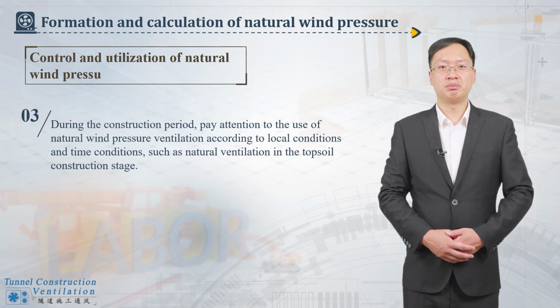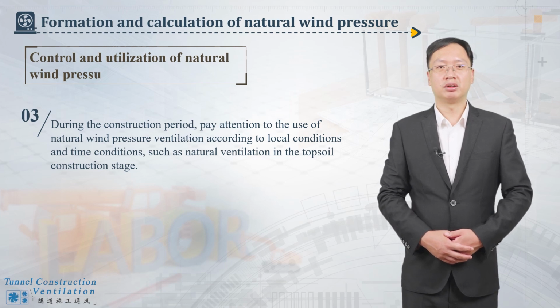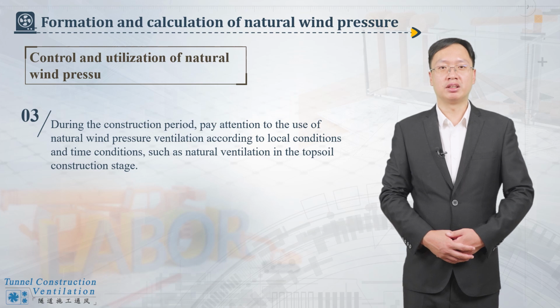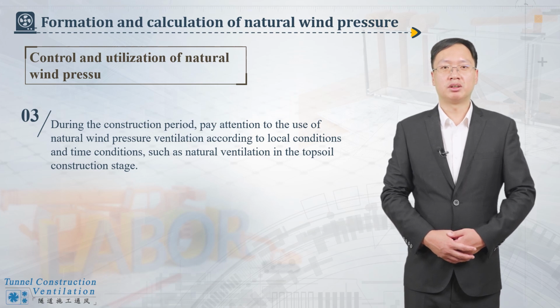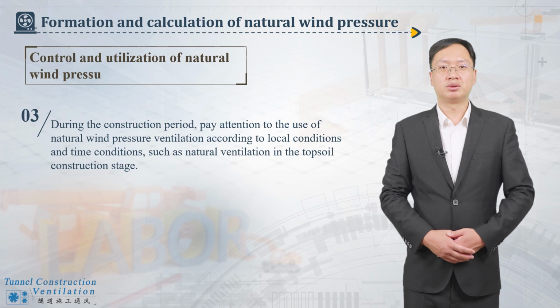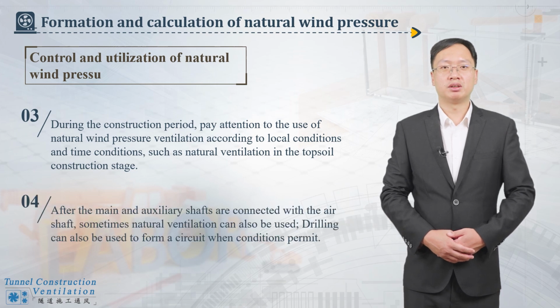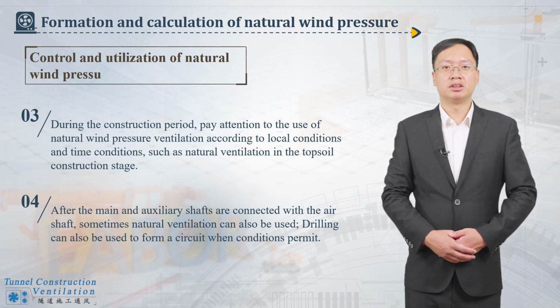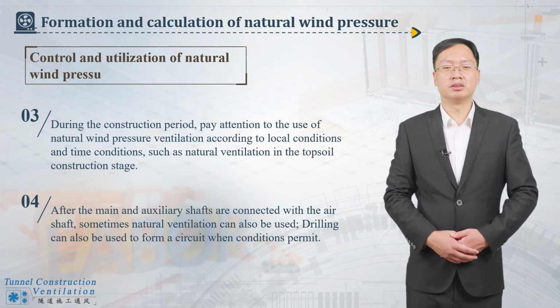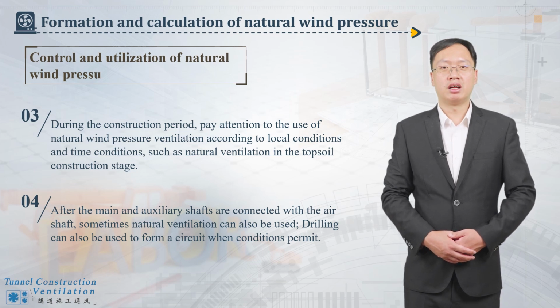During the construction period, pay attention to the use of natural wind pressure ventilation according to the local conditions and time conditions, such as natural ventilation in the topsoil construction stage, after the main and auxiliary shafts are connected with the air shaft. Sometimes, natural ventilation can also be used. Drilling can also be used to form a circuit when conditions permit.